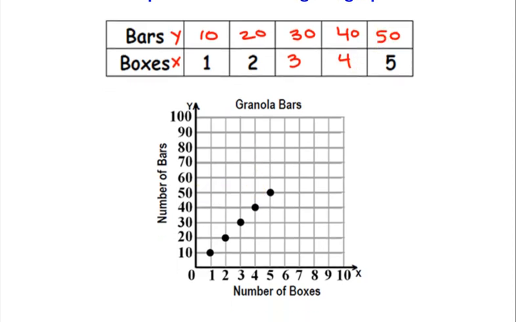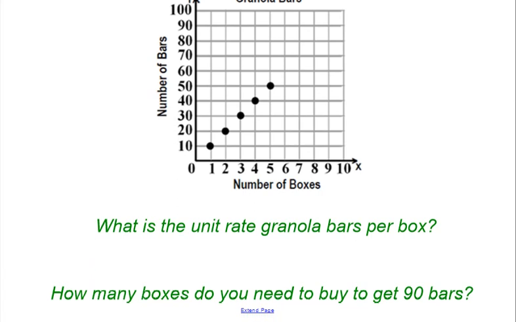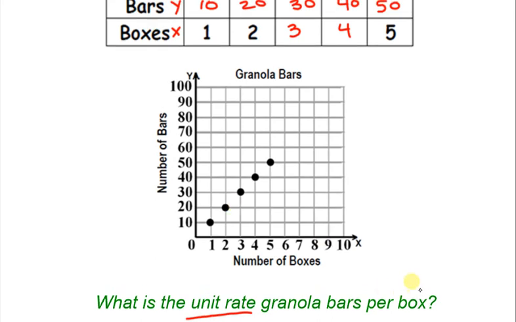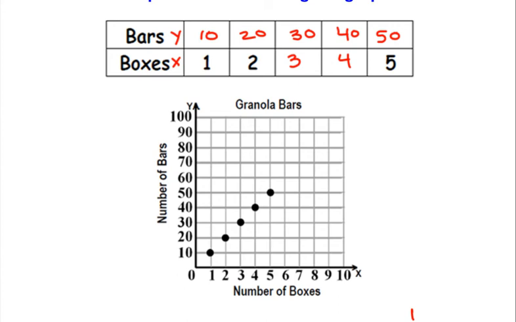All right, so again, we have 2 questions. What is the unit rate granola bars per box? So how many granola bars per box? That means 1 box. Well, we could use our graph or we could use the table. If we're looking for 1 box, we have that information right here.